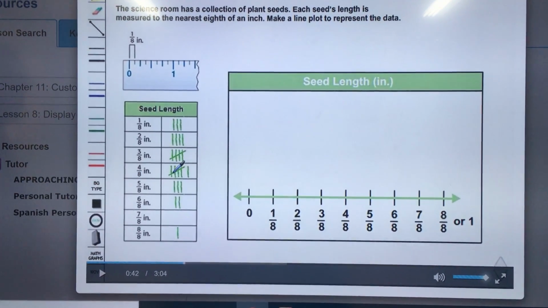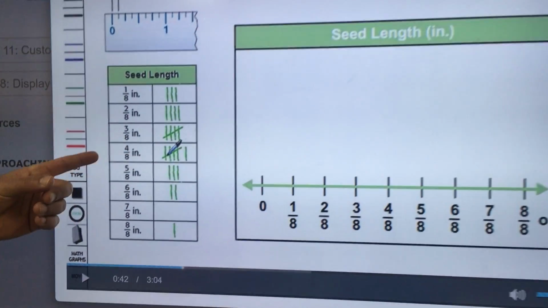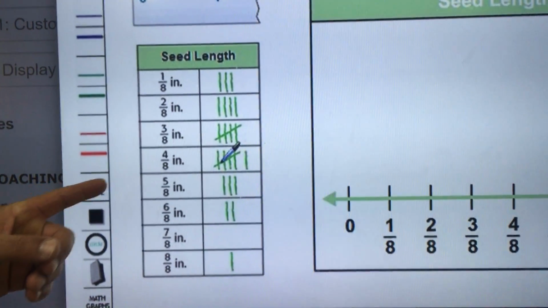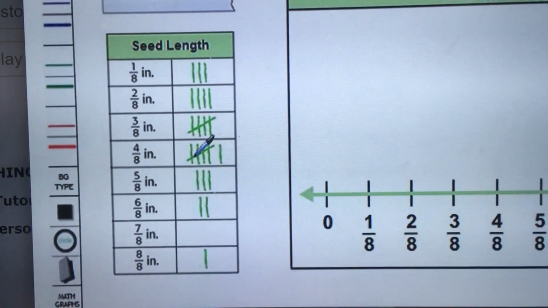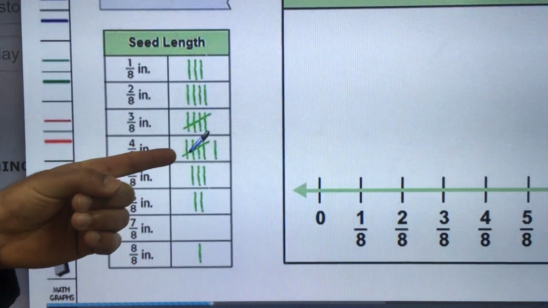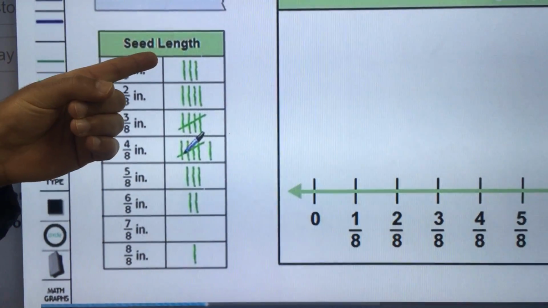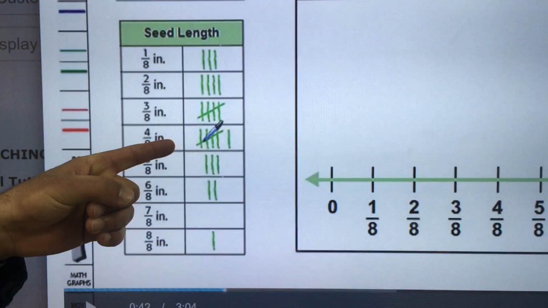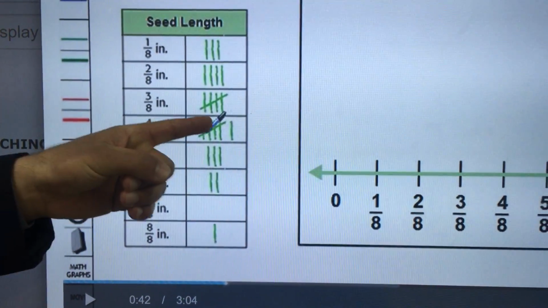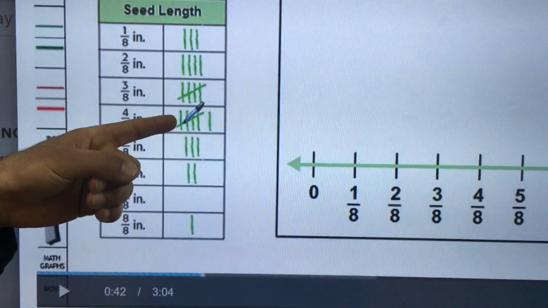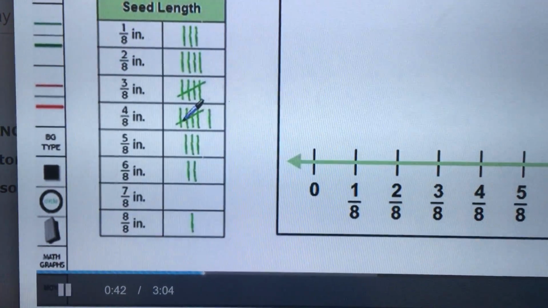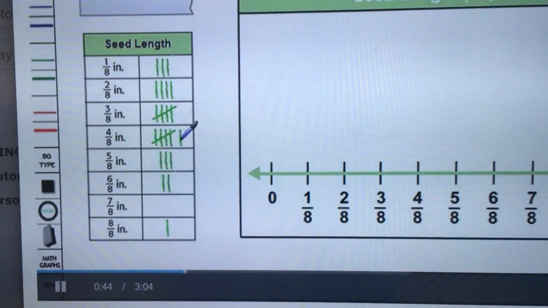Who can tell me what the next one is? How many seeds for 4 out of 8 inches would be what? Who can tell me what the number should be here? This was 3, 4, 5. This means 5. And then after 5 is what? 6. This means 6. Good. 6 were 4/8 of an inch.